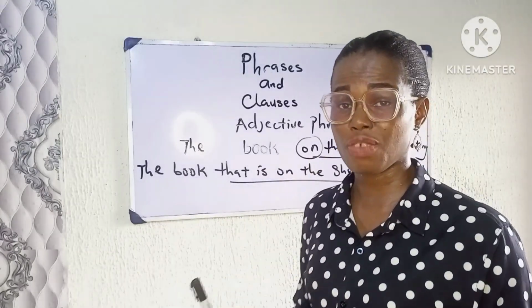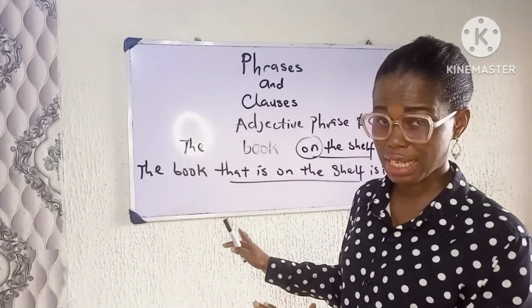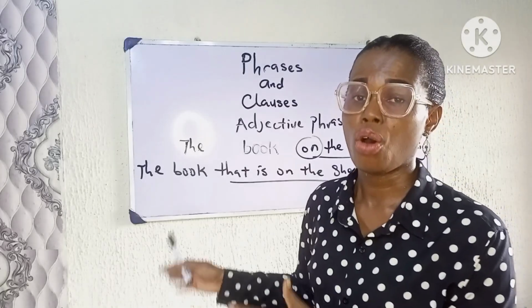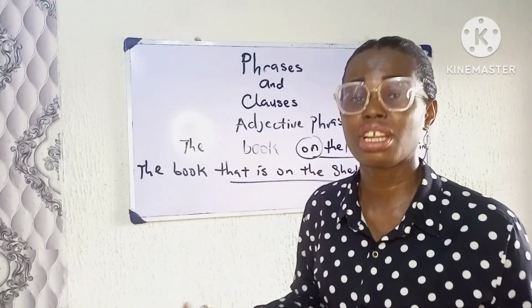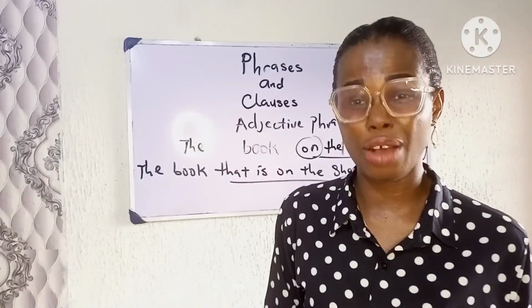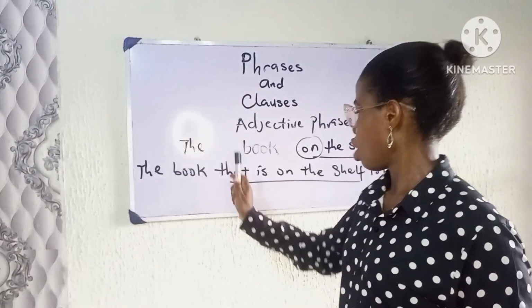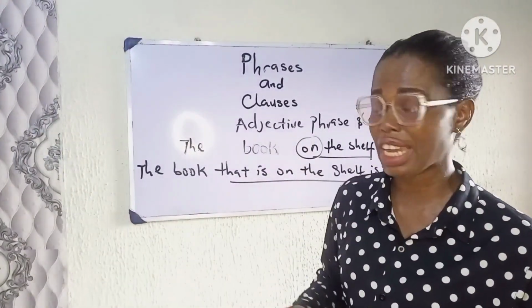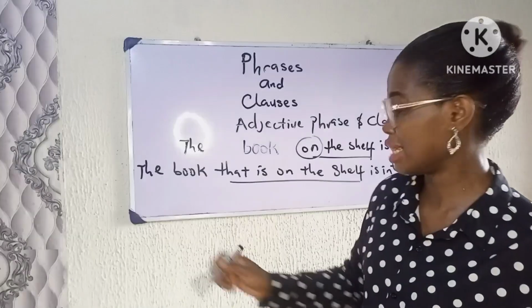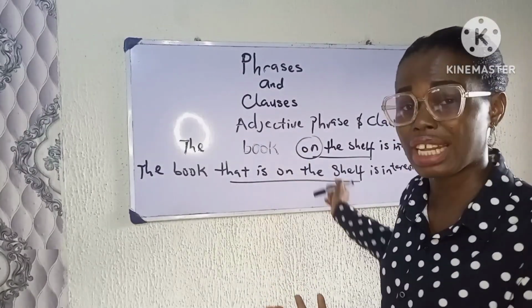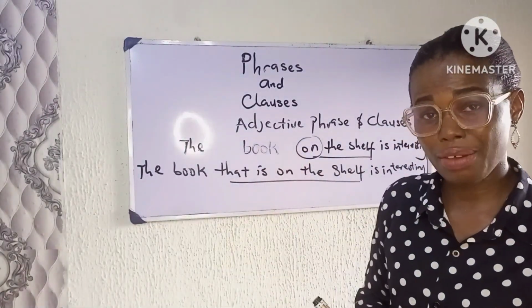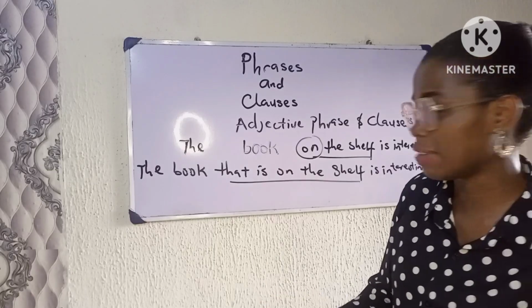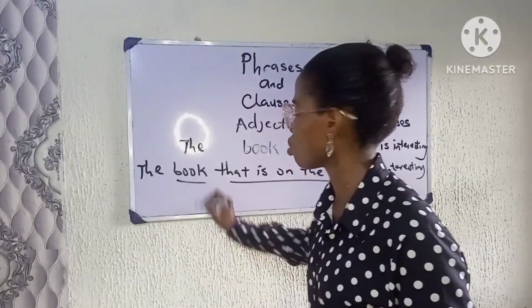So in your exams, once you've been able to identify a group of underlined words as an adjective phrase or an adjective clause, the function is usually to modify a noun or a pronoun. In the case of an adjective clause, the noun that it is modifying usually comes before it. That is, an adjective clause usually comes immediately after the noun that it is modifying. This is book.